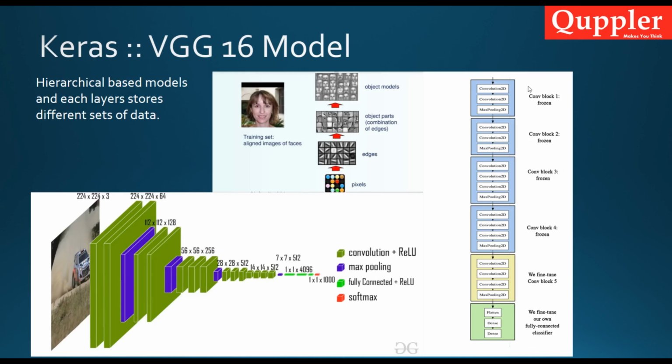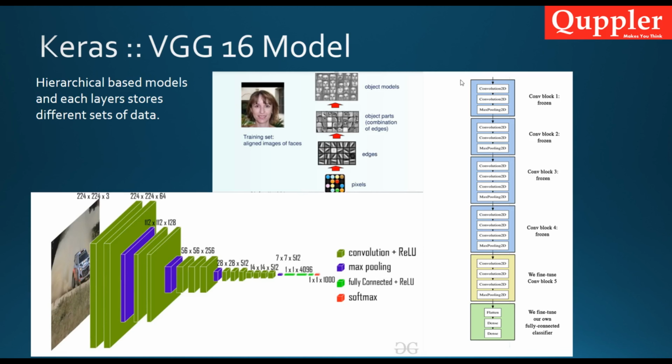Or in this entire neural network we can, without freezing any layer, train the model with the entire thing, and we can change the entire parameters of what is inside.